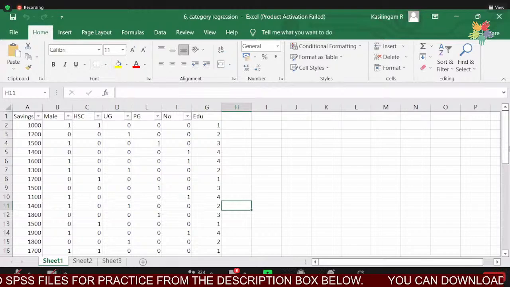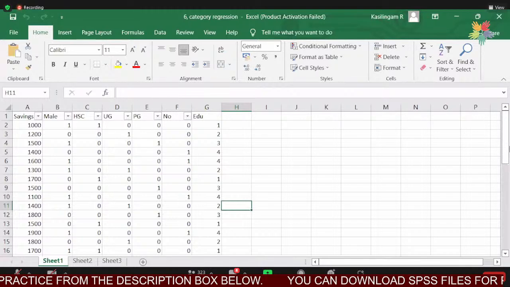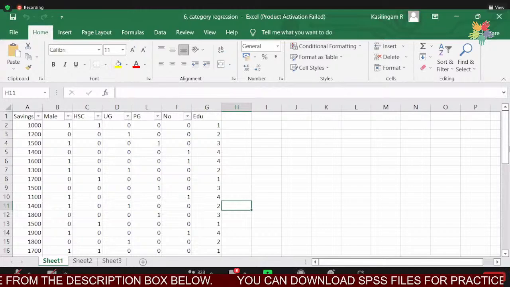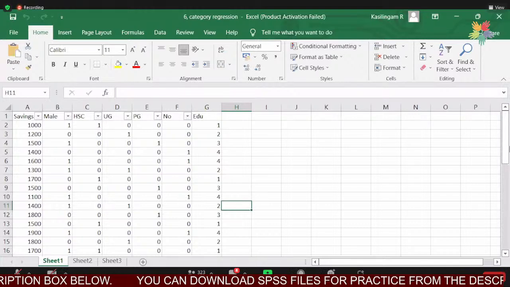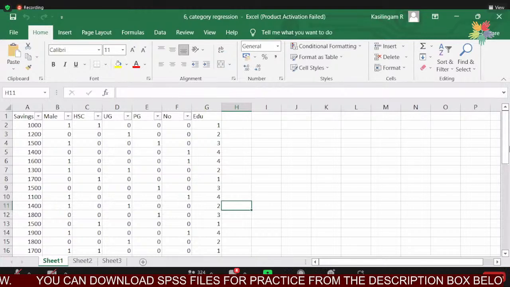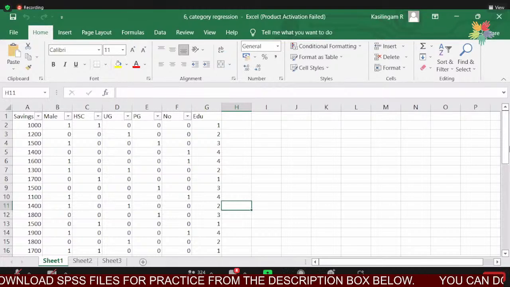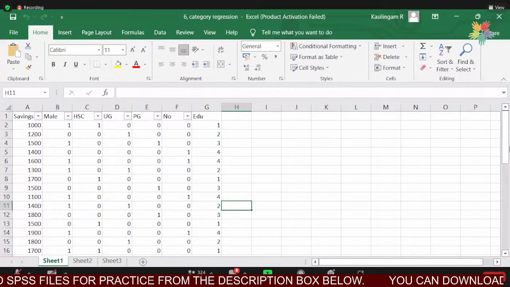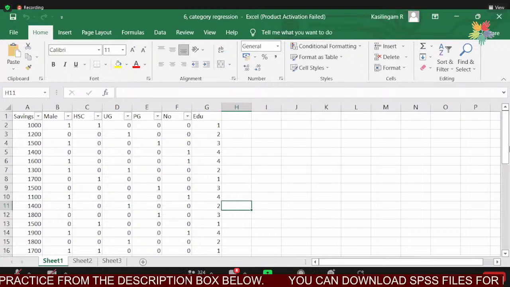Now I have one more variable, gender. Gender means male and female, which is a categorical variable.